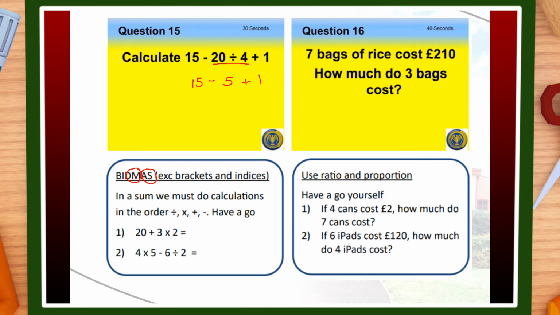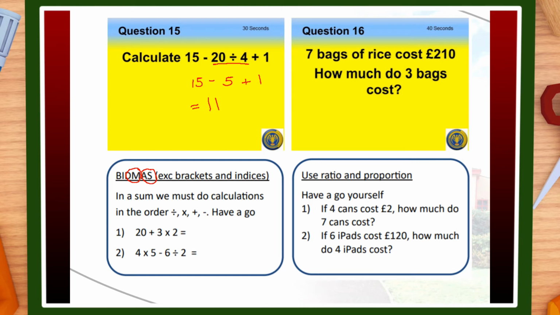So we should do them in the order that we get them here. Because we've got 15 take away 5 plus 1, we do the sum in that order, even though A technically comes before S in BIDMAS. So 15 take away 5 is 10, add 1 is 11. Take a look at the question underneath. Hopefully it's not as confusing as the one I've just done.